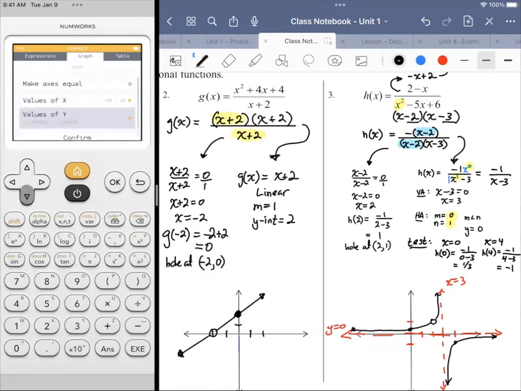Confirm. For the y values, I can leave it as is because the y values seem all right. So I'm making it go a little wider. Then confirm. And again, the open circle is not going to show up in the graph.